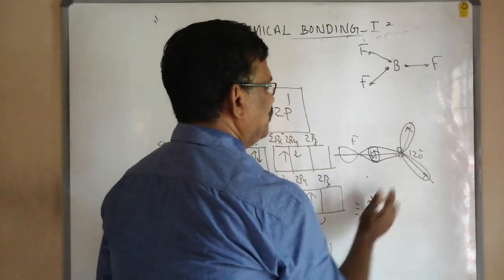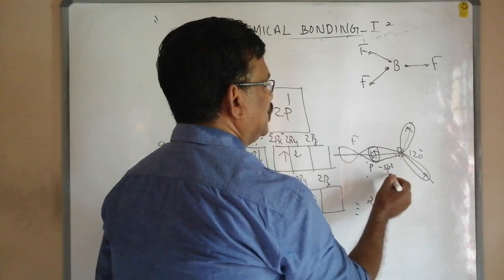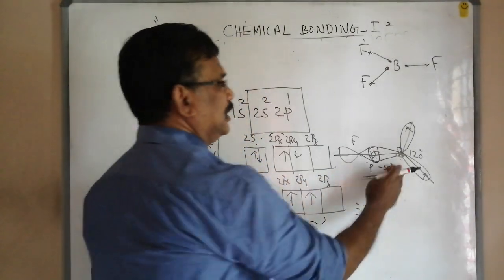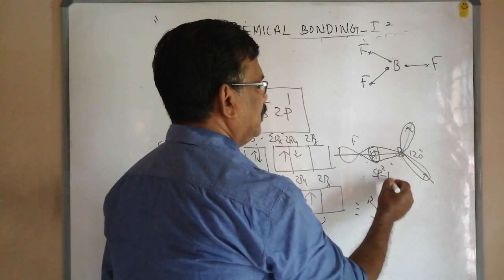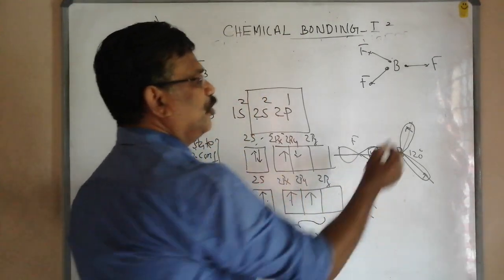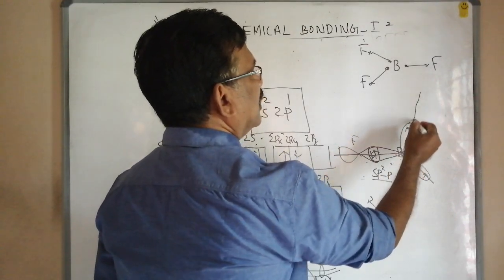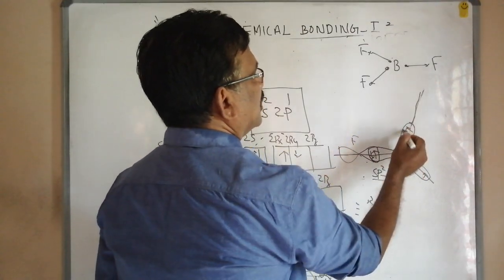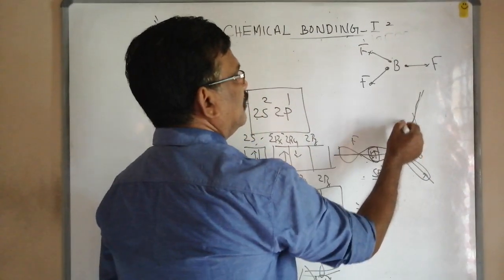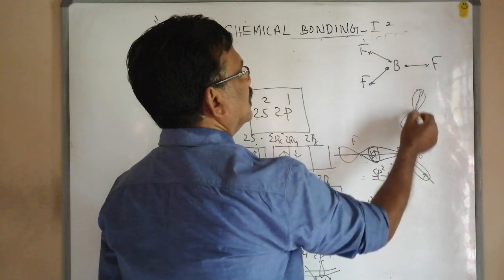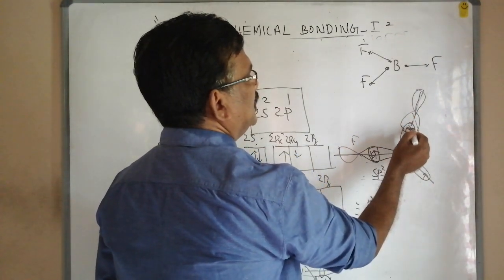This is sp2 and this is p: sp2-p overlapping, with sp2 from boron and p from fluorine. Another fluorine comes here, extending this line, and another fluorine with its p orbital overlaps like this.